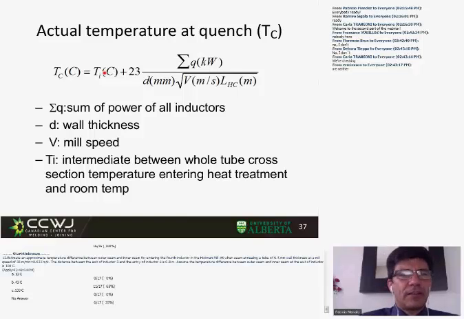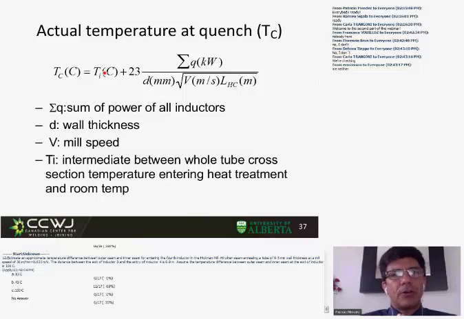If the seam is at 12 o'clock in a cross section, TI represents the temperature at 6 o'clock. It depends on the diameter of the tube. Smaller tubes start with a fairly high TI, and for big diameter tubes, TI is very close to room temperature.